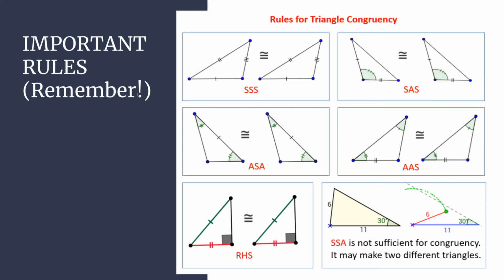But if this angle corresponds to this side, and this side corresponds to this side, and this angle equals this angle, this cannot determine that these two are the same because there are situations where they are not equal, but the three factors are equal, but we are not going to develop that here.